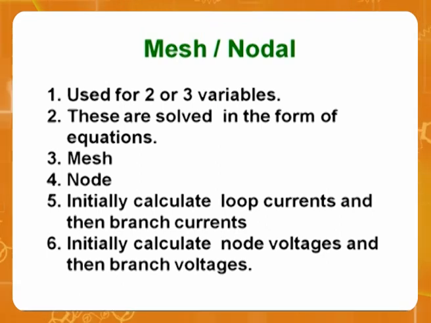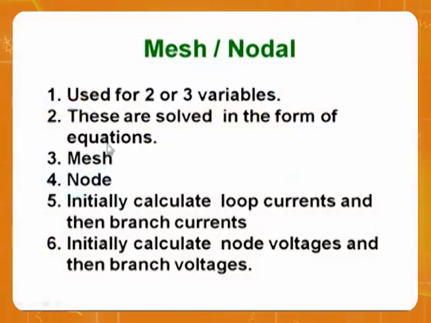Then coming to mesh and nodal. When we talk about mesh and nodal, this is used for two or three variables. When you see two or three variables, it is a little bigger than the previous KVL and KCL. And these are solved in the form of equations again. I mean to say we don't take matrices. The need of matrices will come only when the number of equations increase.